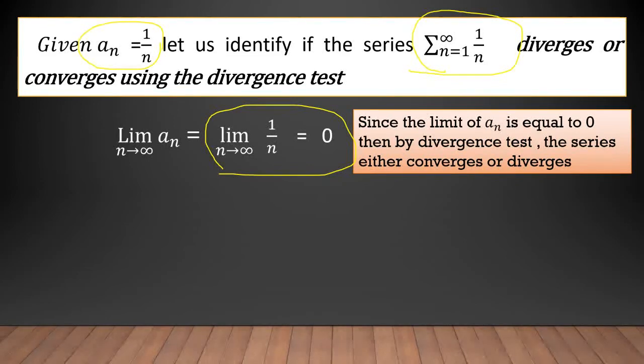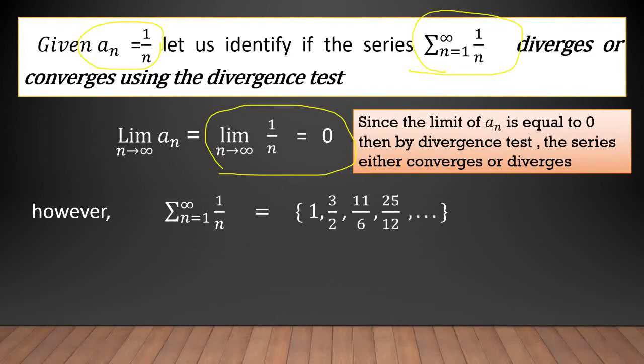By using the divergence test, we know that the series will either converge or diverge. So we have to look at the series, the summation of 1 over n. Here is the sequence of the partial sums. The 1 is a1. The 3 over 2 is when we add a1 plus a2.